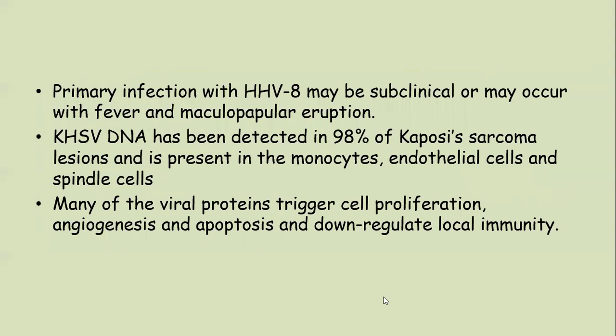The primary infection with HHV-8 may be subclinical or may occur with fever and maculopapular eruption. The Kaposi sarcoma virus DNA is detected in 98% of Kaposi sarcoma lesions and is present in monocytes, in endothelial cells, and in spindle cells.